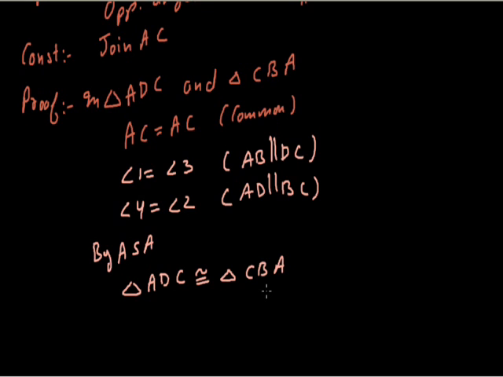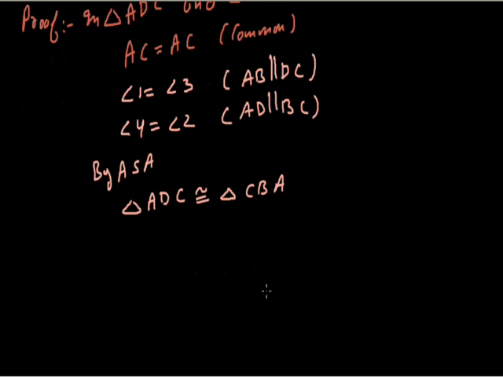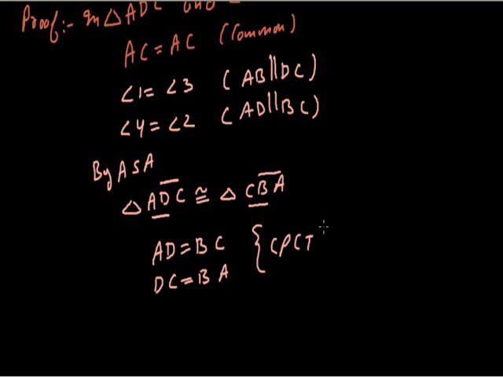From this we can say that the side AD, the first two letters, is equal to BC. In the same way, the side DC is equal to the side BA, the last two letters. The reason is CPCT, corresponding parts of congruent triangles are equal.